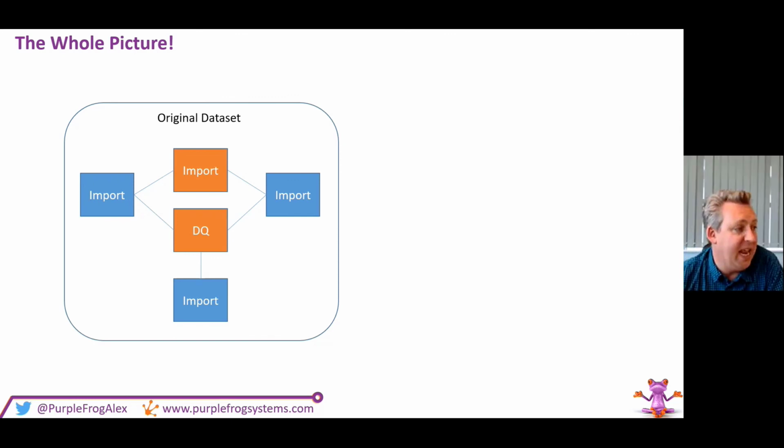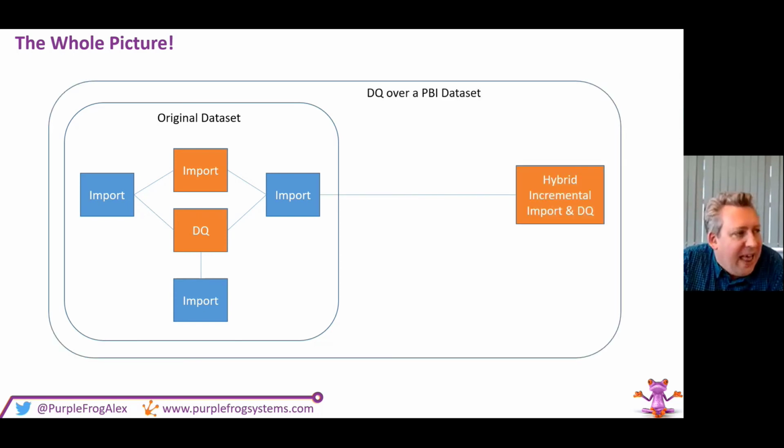Obviously with our dimensions being in import mode or dual mode. Then we layered a new data set over the top of that in direct query composite mode, where we then had that link to the original data sets, but also imported our own data as well, to give us a much more powerful approach.